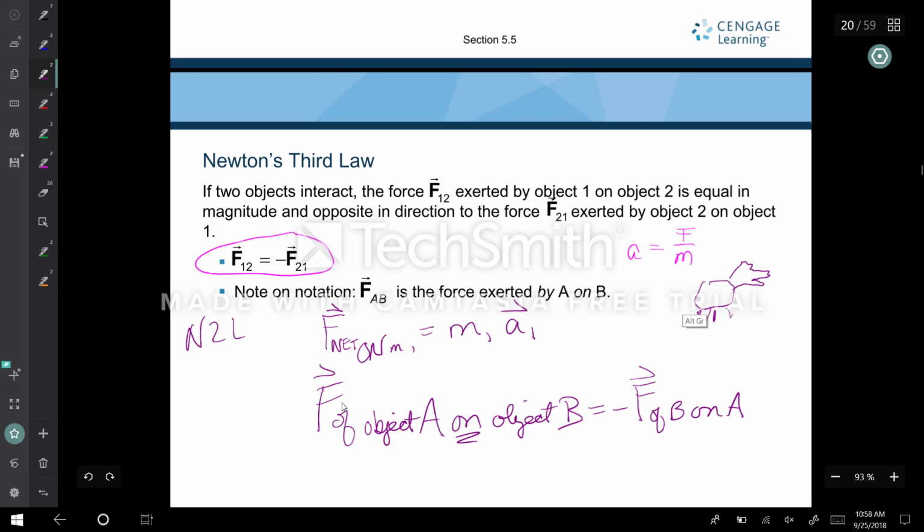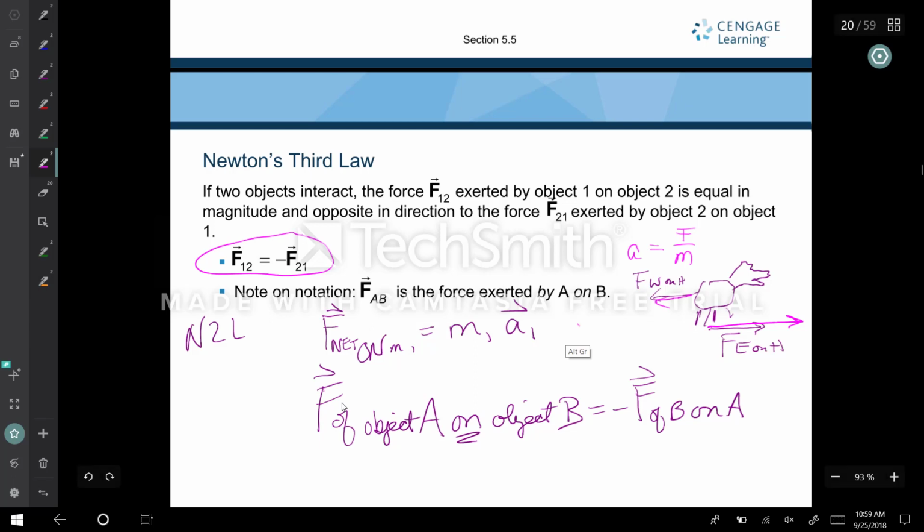The horse does experience a force from the wagon on the horse, but the horse also experiences a force of the earth on the horse. It pushes the earth to the left, so the earth pushes the horse to the right. If this force of the earth on the horse is bigger than this force, then the net force is directed to the right.